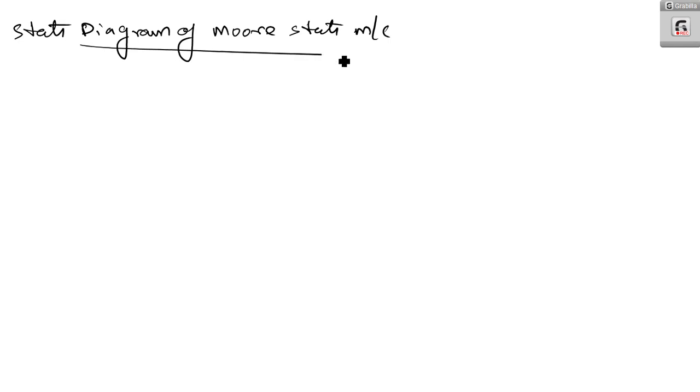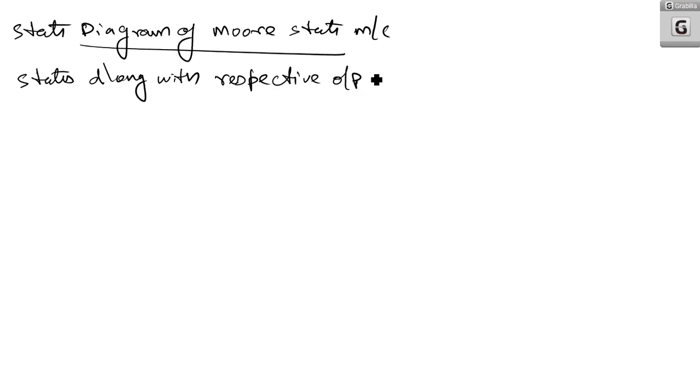Suppose we are having states. What is represented here is states along with their respective outputs, labeled in each state as state slash output.